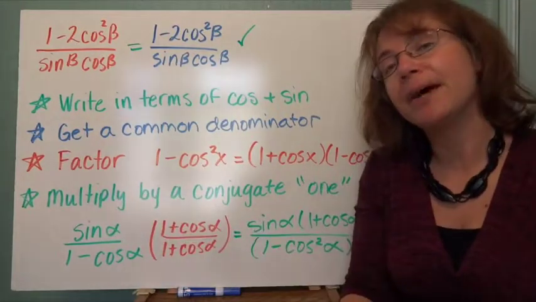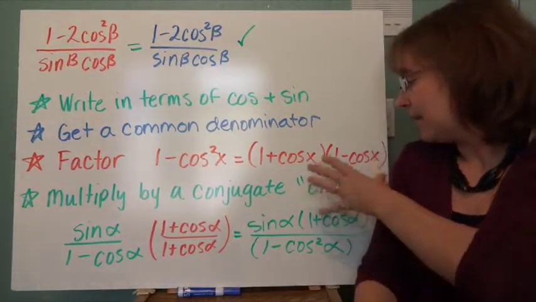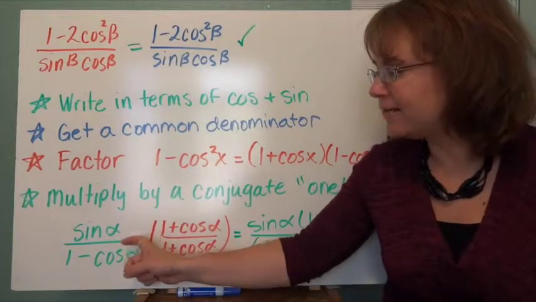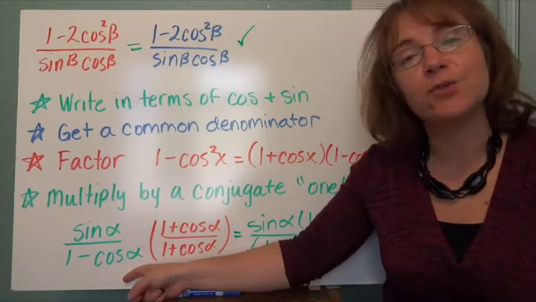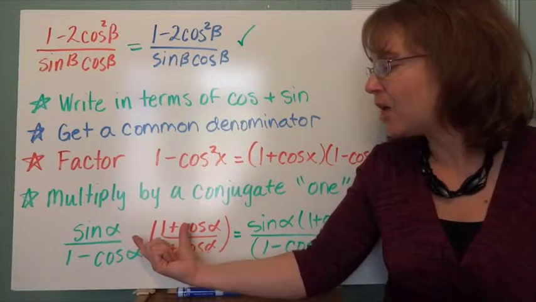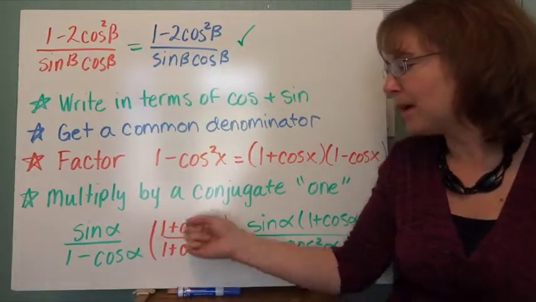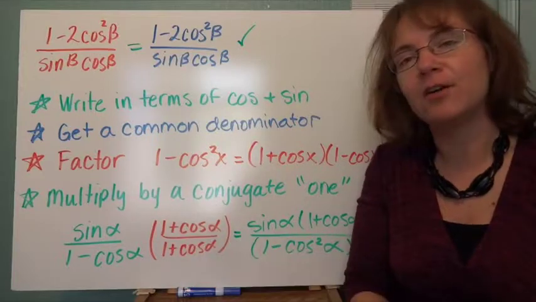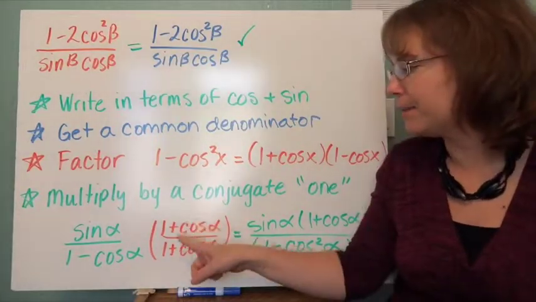Sometimes multiplying by a conjugate and using a special 1. So for example, if we had sine of alpha over 1 minus cosine of alpha, it will help to just multiply by a 1 and won't change the value. And it could help us figure out how to simplify it a little bit better.